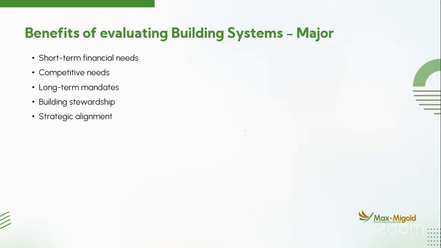Then the long-term mandate: you're trying to achieve what we refer to as sustainability. You want to make your facility available at all times. These are long-term mandates. Then building stewardship: you want your building to be delivered, in terms of deliverables, to the end user. Then strategic alignment.